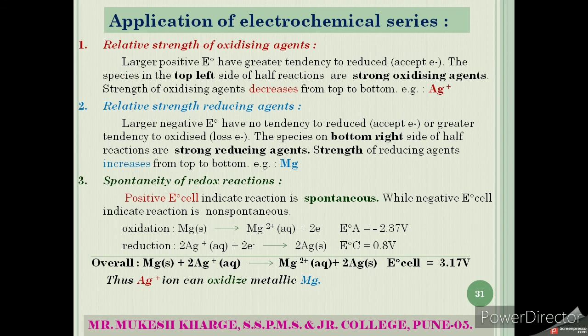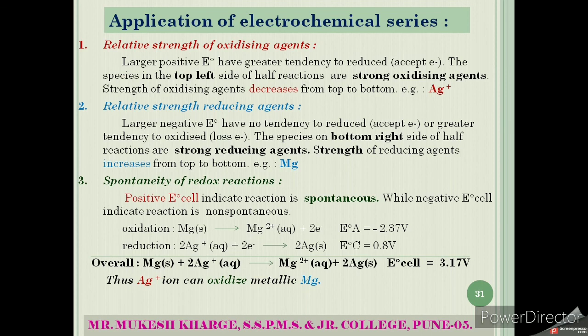If we reverse the cell, which means we interchange the two electrodes, so Ag+ acts as the anode and Mg acts as the cathode, then the cell cannot work because in that case E0 cell is negative. So Ag+ ion can oxidize metallic magnesium, but magnesium ion cannot oxidize the Ag+ ion.